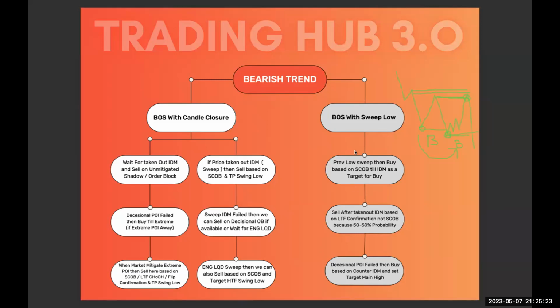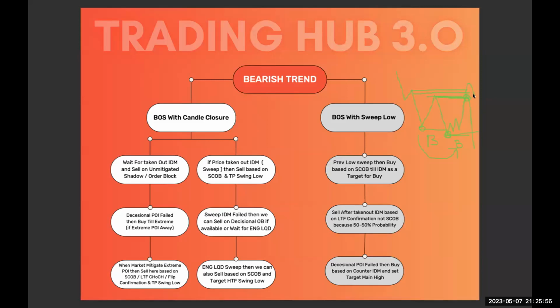The next one, after this one, sell after taking out the inducement fail in lower time frame, not a single candle because 50% of probability. Exactly, right? Decisional PY failed, then buy based on counter trend and set main target. What happens if this is your counter trend, like IDM, this one.